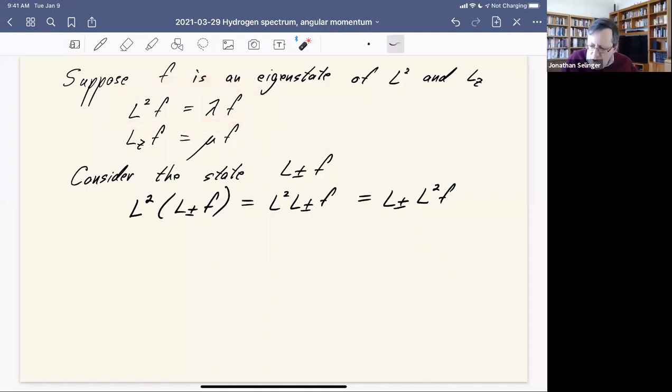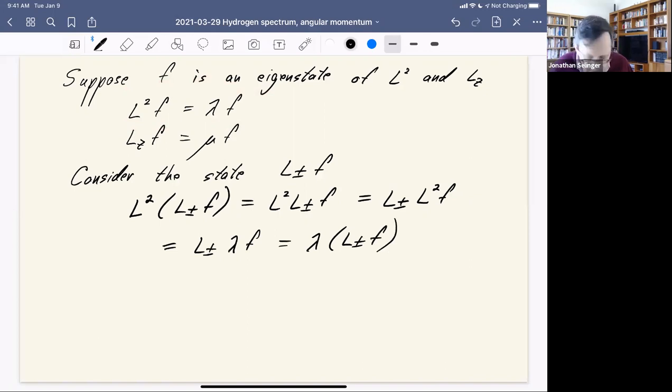Okay? That's equal to lambda times F. So this is L plus or minus acting on lambda times F. So this is lambda times L plus or minus F.